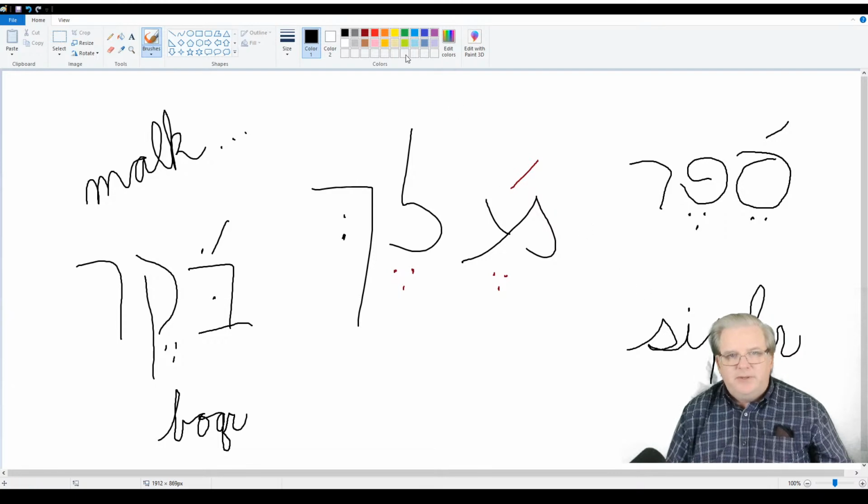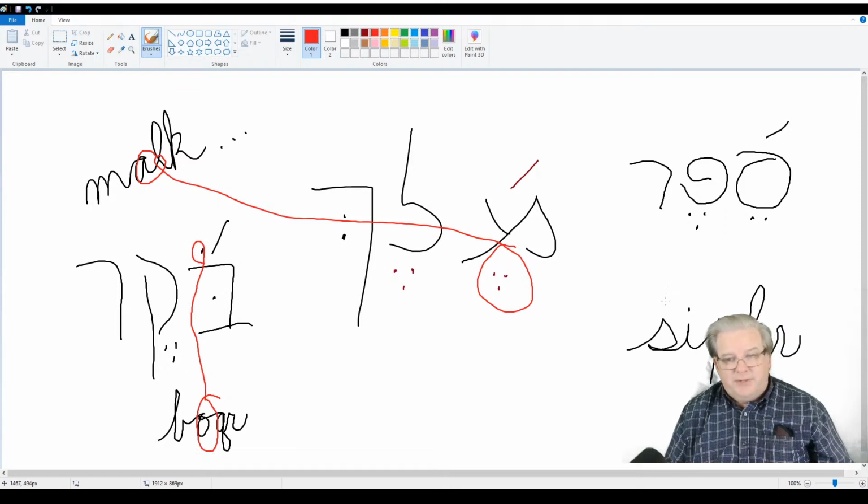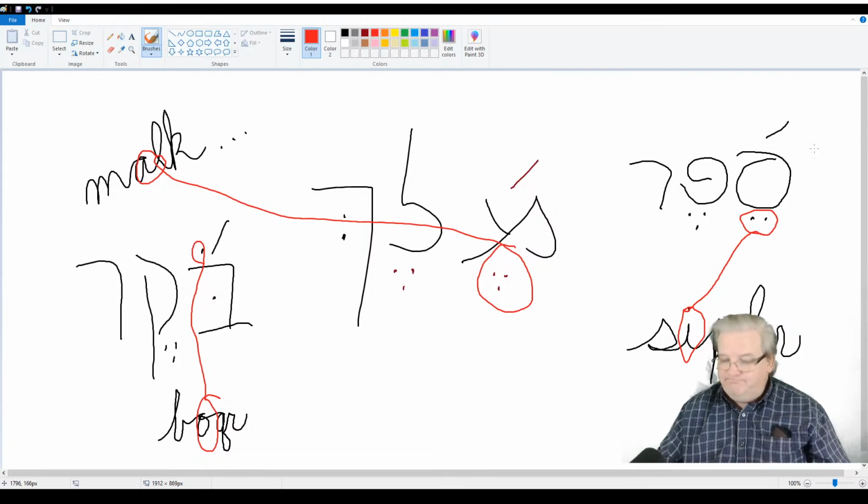So what I'm trying to get across to you finally is that the segolates each have their own class. So malk goes to a segol in the first syllable. Boker goes to an O. Cipher goes to an A sound, an EI sound, right? And these kinds of words.